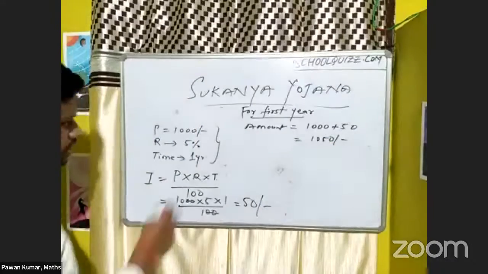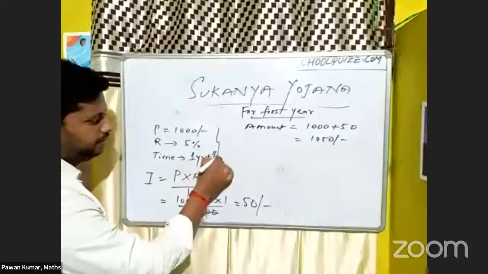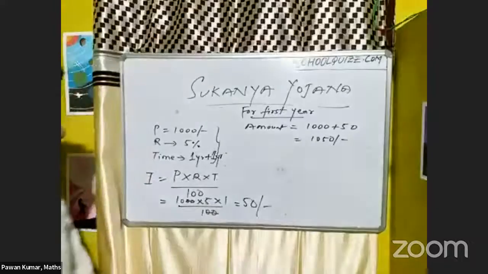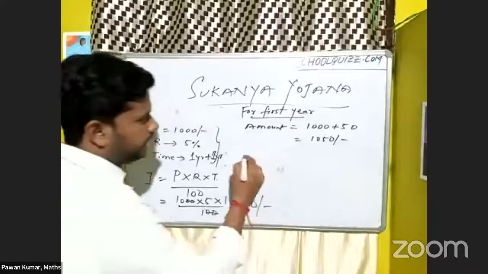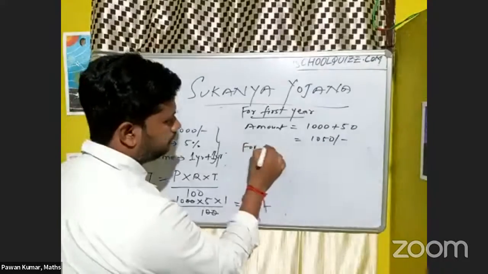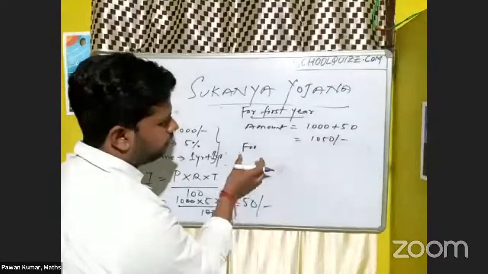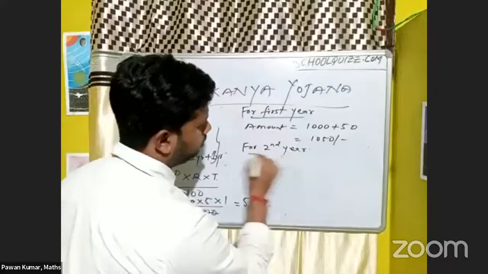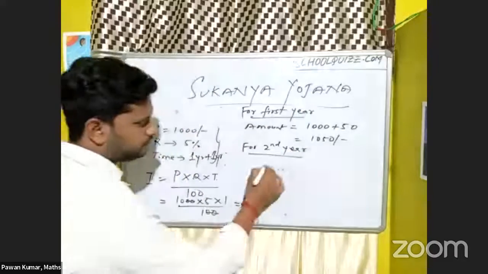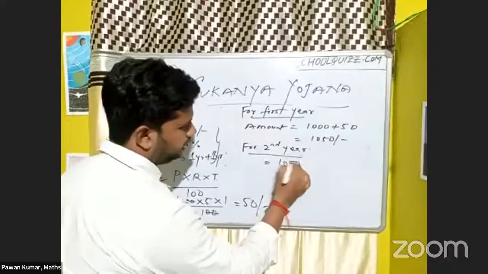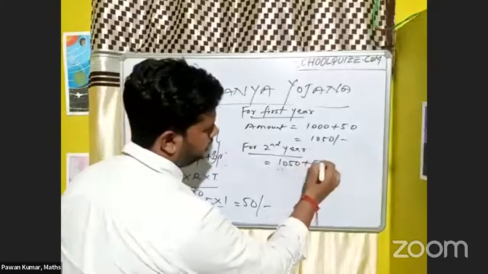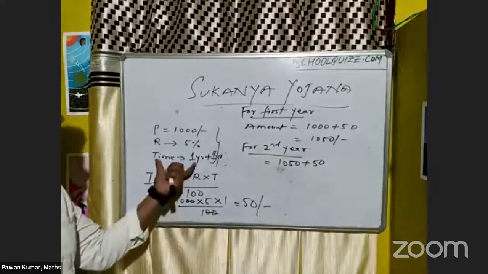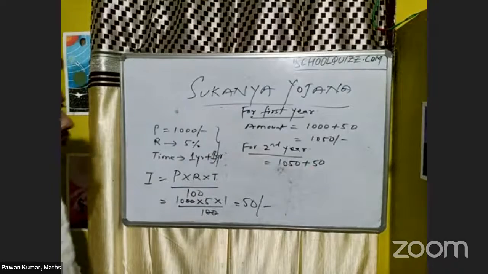Now if they charge you for another year also, then if it is simple interest, for the second year they just add 1050 plus 50 rupees, because the rate is fixed, the time is fixed, and this is simple interest.